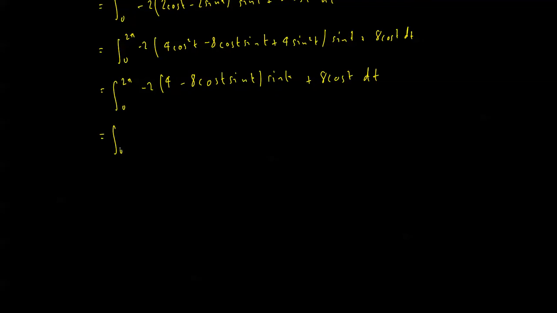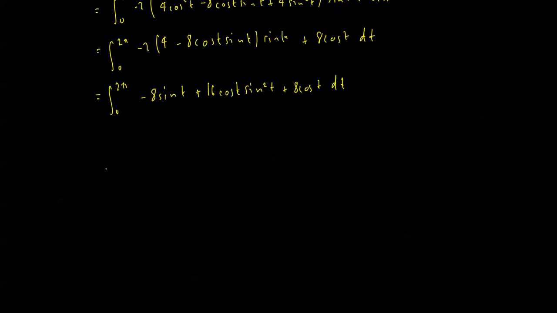Which is equal, from 0 to 2 pi, to negative 8 sin t plus 16 cos t sin squared t plus 8 cos t dt. Finally ready to integrate.